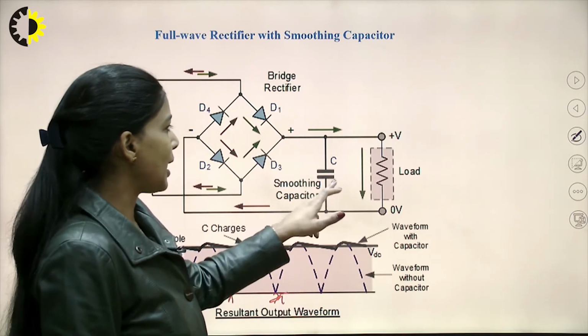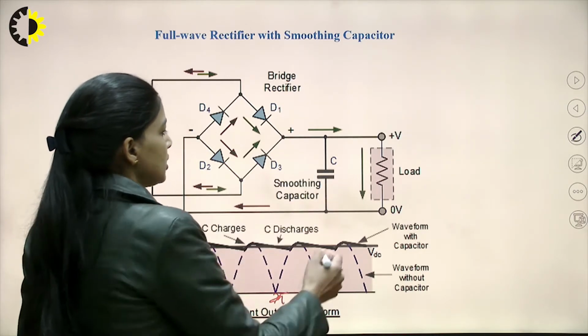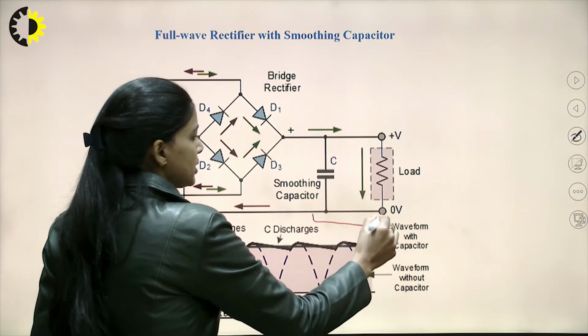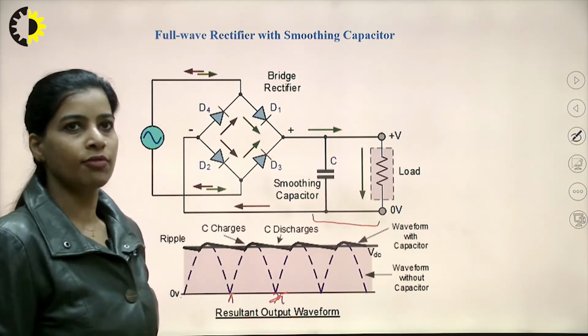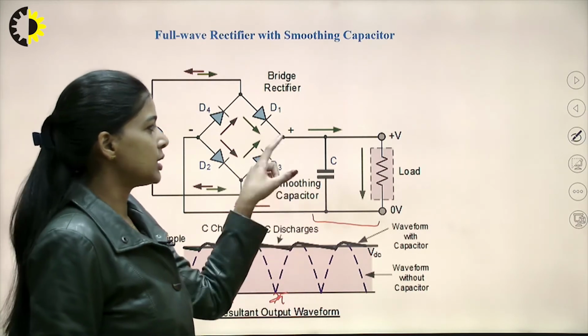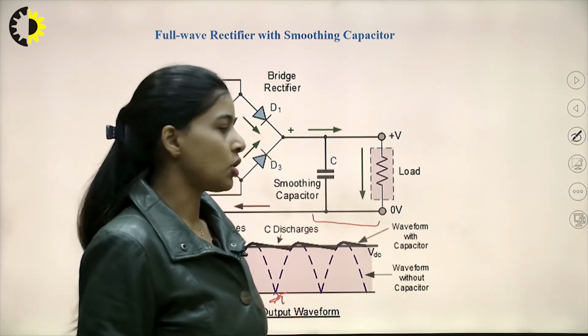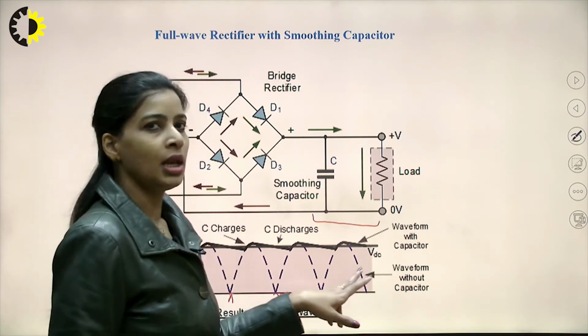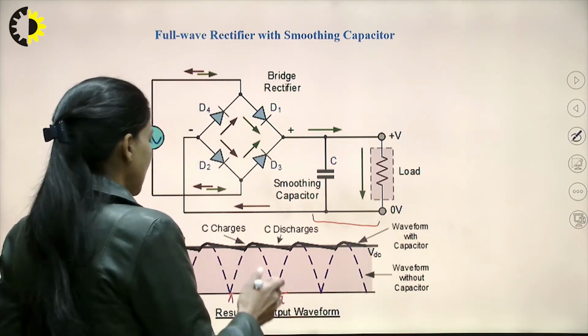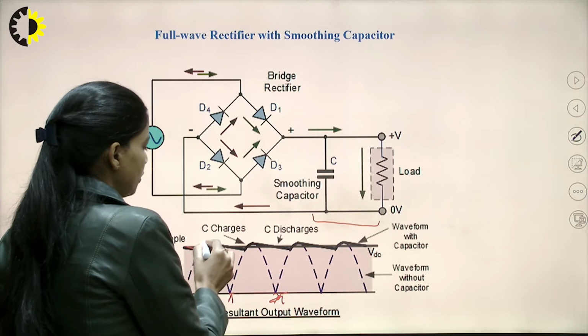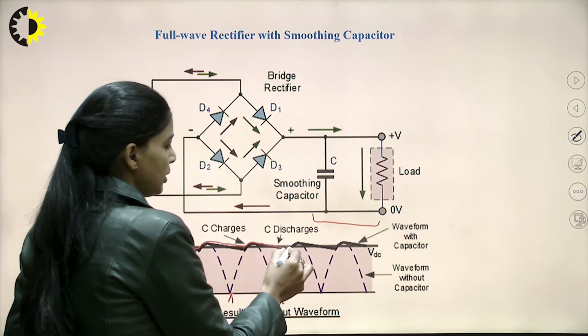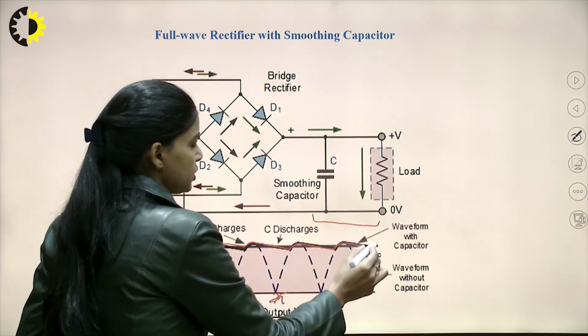So when we apply this capacitor, this is called the filter circuit of this full wave bridge rectifier. This capacitor filters out the AC component of this unidirectional output. So we get a smoothened output in which the ripples are reduced.